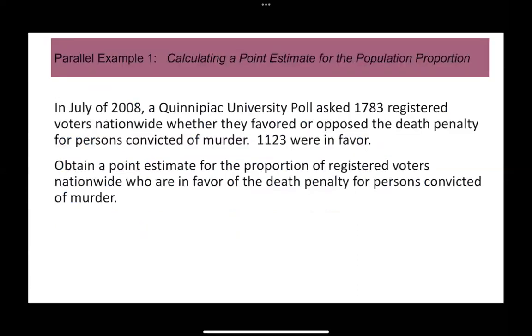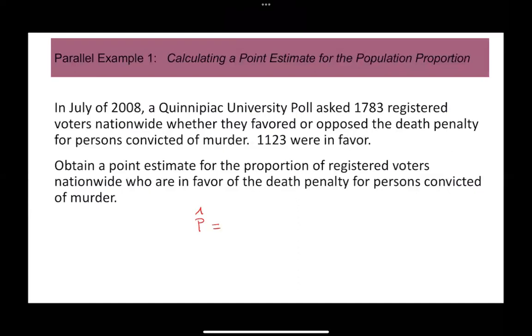All right. So once again, we're just going to find a point estimate. A Quinnipiac poll asked 1,783 registered voters nationwide whether they favor or oppose the death penalty for persons convicted of murder. 1,123 were in favor. So we're just going to find our p hat. Anything that has a hat on it is an estimate.